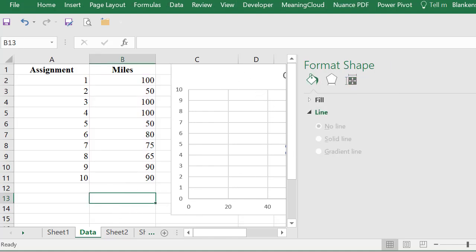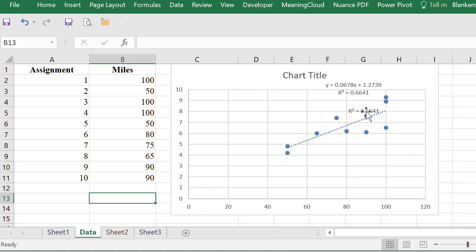Just go back here, close this down, and so I've got that listed there again. But that's how you would get that through Excel.